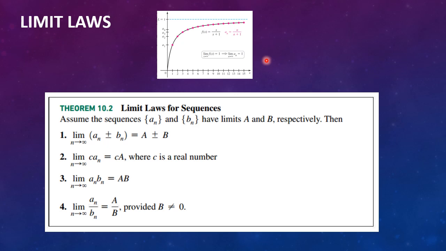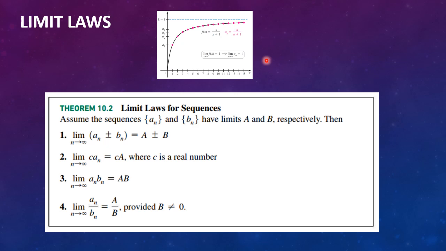Then number 1, the limit as n goes to infinity of a sub n plus b sub n, the sum, equals the sum of those limits, uppercase A plus uppercase B. This also works for differences: the limit as n goes to infinity of lowercase a sub n minus lowercase b sub n equals uppercase A minus uppercase B. This is just saying that we can take the limit of each term and then add or subtract those values to get the limit of a sum or a difference.